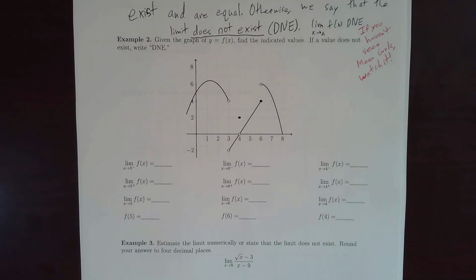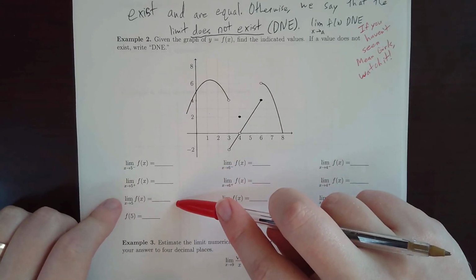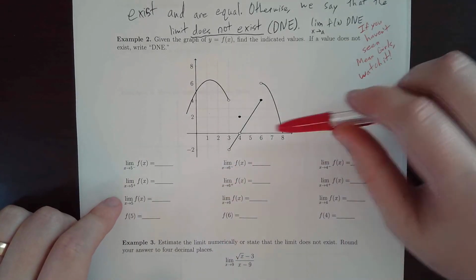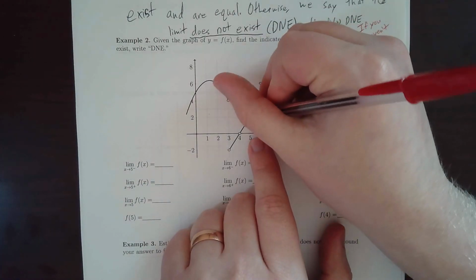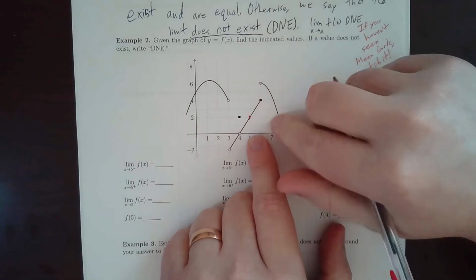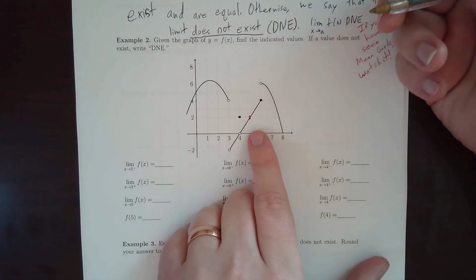All right, assuming you haven't thrown away your shot, we're going to go ahead and look at these different limits. So first we're going to start off with talking about when x is 5. So when x is 5, it looks as though we're approaching this y value of 2. And it looks like this part of the graph is filled in.